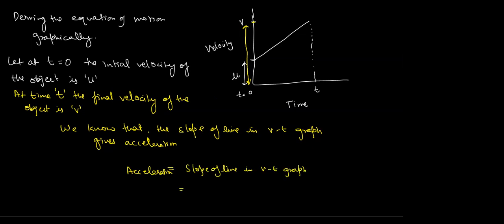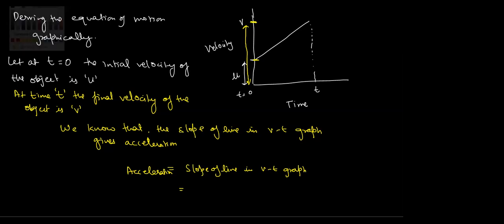Slope is simply the maximum y value minus the initial y value. Means you have to write the maximum y value, that is v, minus the initial y value. Let me take a different color.